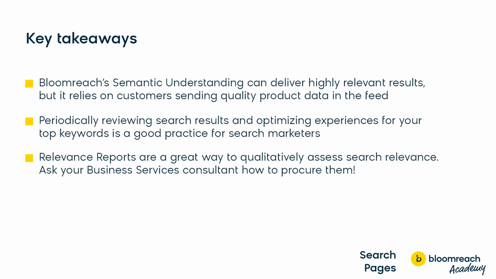All right, so key takeaways: our Bloomreach semantic understanding technology can deliver highly relevant results, but it does rely on customers sending us good quality product data in the feed. And like I mentioned before, garbage in the feed means garbage will be returned in the search results. Our algorithm obviously does both the semantic and the text understanding, but we do need our customers to make sure that their data is top quality too.